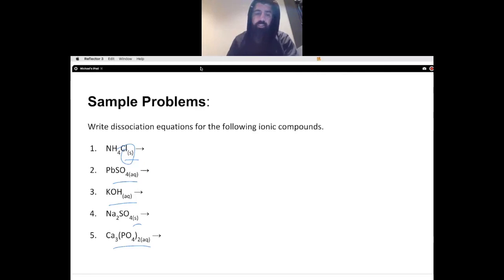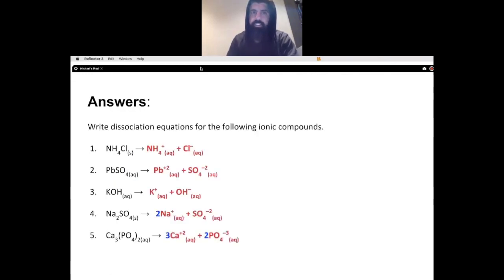And what's it going to look like? Well, it's going to look as such. So our NH4 here is the cation, the Cl is the anion. Okay, in this case, Pb plus 2 and this sulfate.